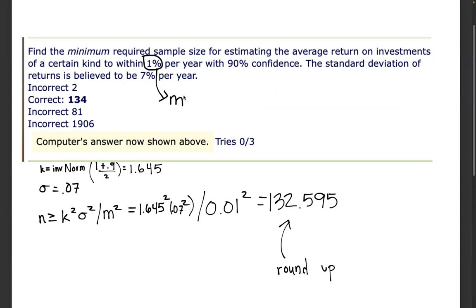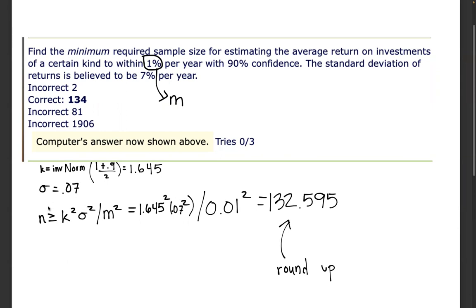Now let's find our K. That's inverse norm of (1 plus 0.9), because we have 90% confidence, divided by 2. So we get 1.645. Our standard deviation is believed to be 7%, so it would be 0.07.